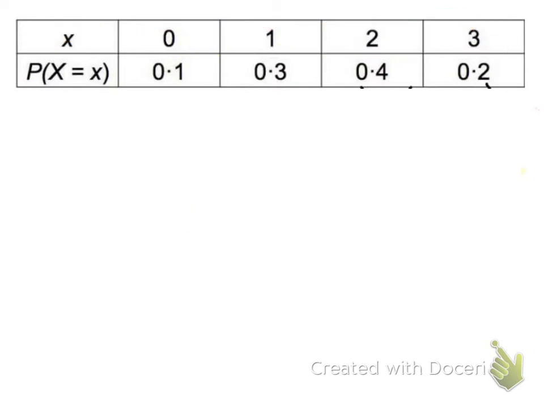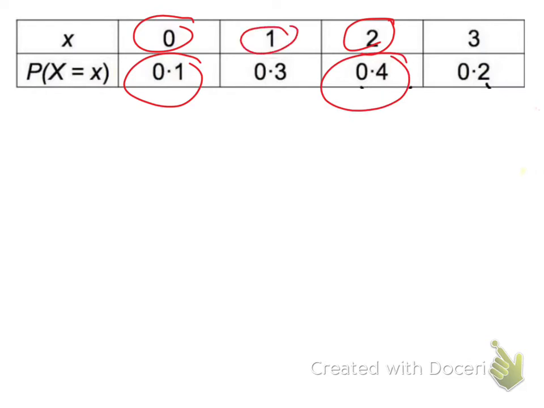As we can see here, 0 has a probability of only 0.1, while 2 has a higher probability of 0.4. 1 has a probability of 0.3, which is a high probability. 3 has a lesser probability, which is 0.2. So if I want to get the expected x or the mean of x, since I have the probability, it is not fair, they're not equally distributed.